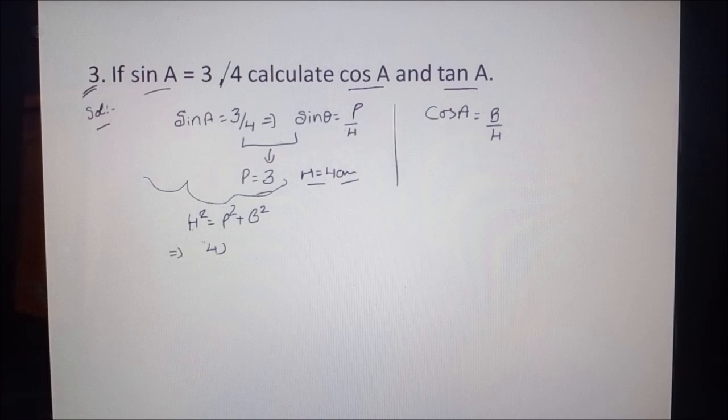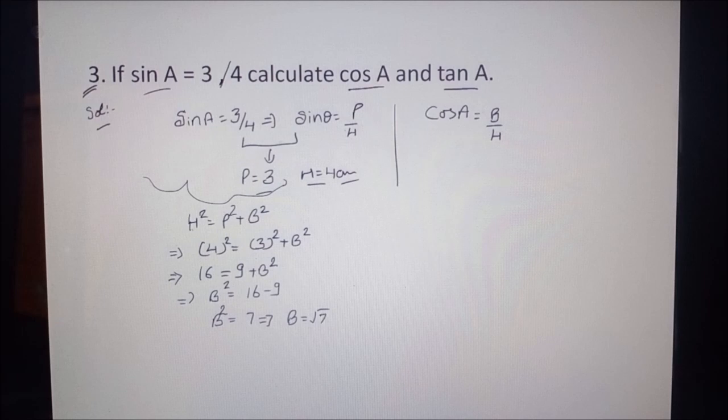Hypotenuse 4 cm, perpendicular 3 the square plus base square. It implies 4 square is equal to 16, 3 square 9 plus base square. Base square is equal to 16 minus 9. So base square is equal to 7. It implies base is equal to under root 7.